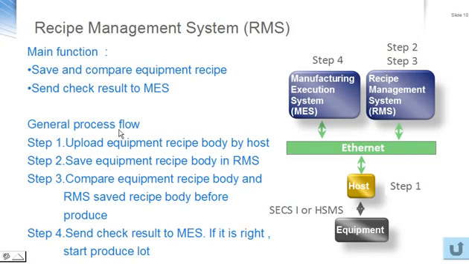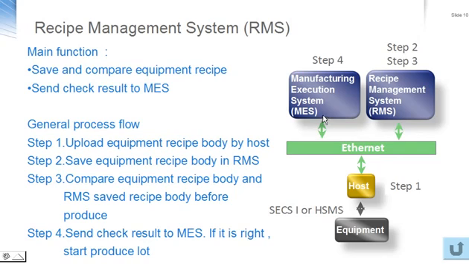The general process: step 1 is upload the equipment recipe body by the host to the RMS. Step 2, save the equipment recipe body in the RMS system. Step 3, compare the equipment recipe body and the RMS saved recipe body before production. And step 4, send the check result to the MES.